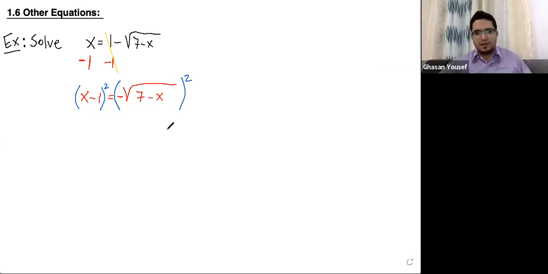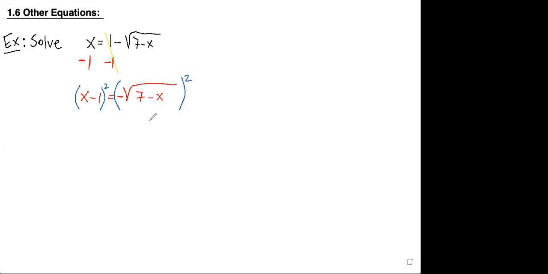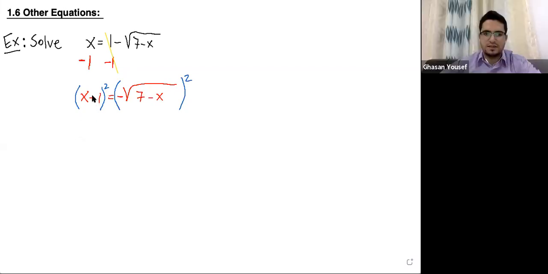So what do I get on this side? Any help for this? Wouldn't it be the square of the 7 minus x? Yes, this is correct. Exactly.